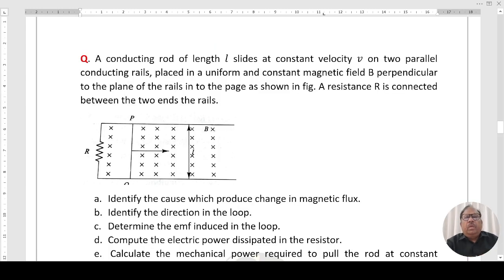The question is: a conducting rod of length L slides at constant velocity V on parallel conducting rails placed in a uniform and constant magnetic field B perpendicular to the plane of the rails, into the page, as shown in the figure. Resistance R is connected between the two ends of the rails.